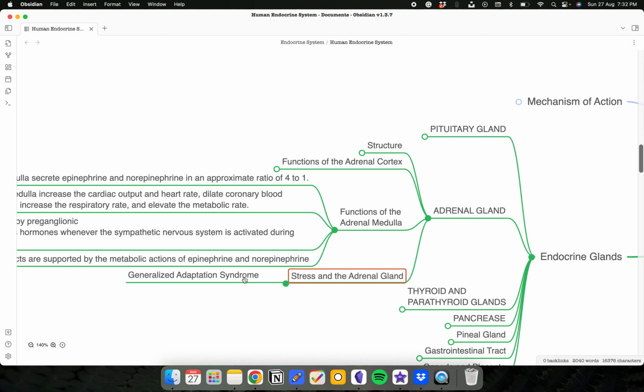This is a syndrome basically attributed to epinephrine and norepinephrine when we are dealing with stress and adapting to it. Let's say we are dealing with a hot or cold environment or any kind of stress, we can deal with it because of epinephrine and norepinephrine released from the adrenal medulla in response to different stress conditions. That adaptation is known as generalized adaptation syndrome, or GAS.